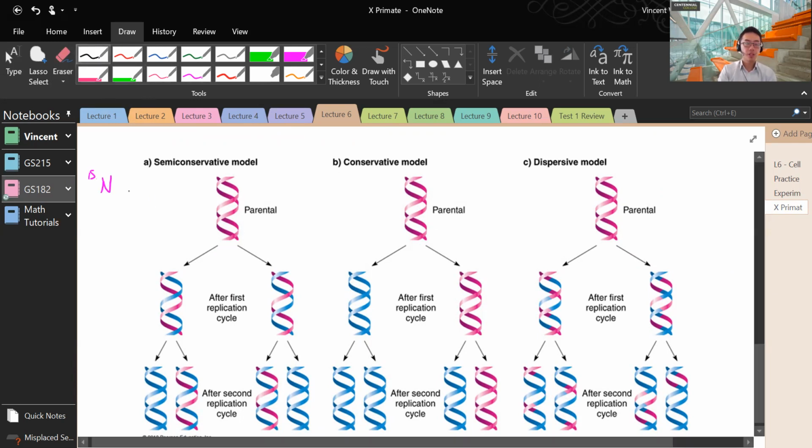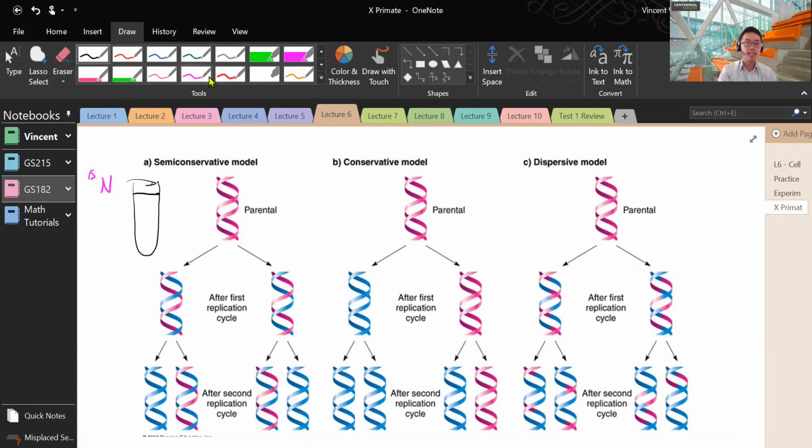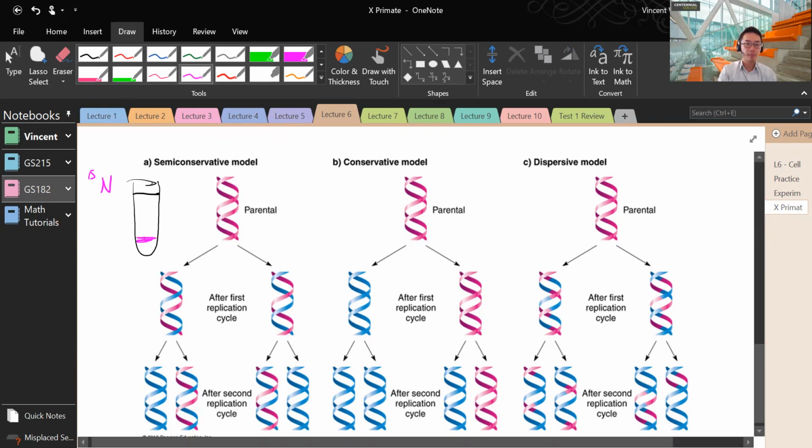So if I take this and I spin it down in the test tube, you will see a single band at the bottom, because it's heavy, it's going to sink to the bottom. Then we can transfer this to N14 and grow them.